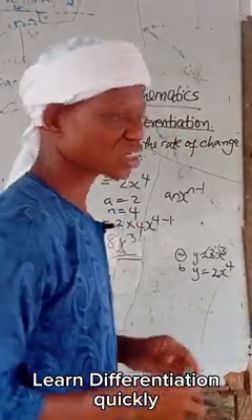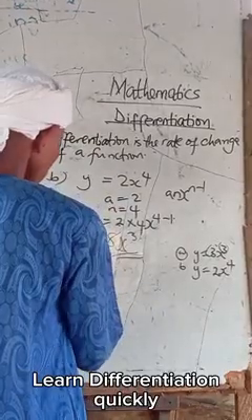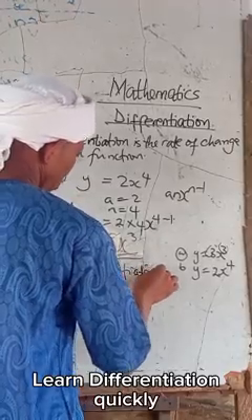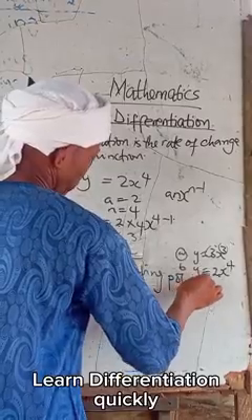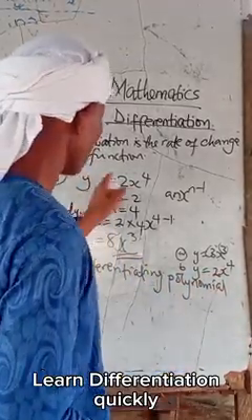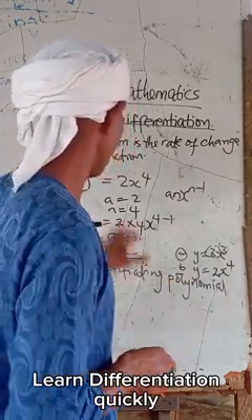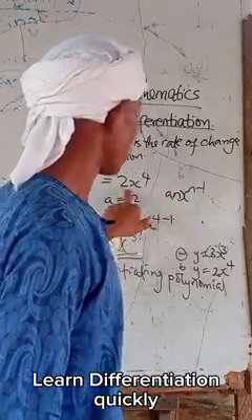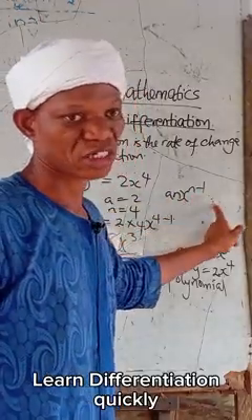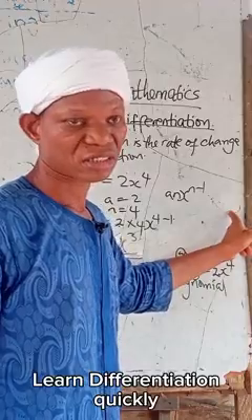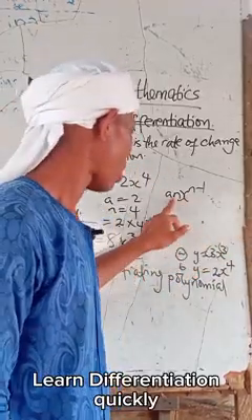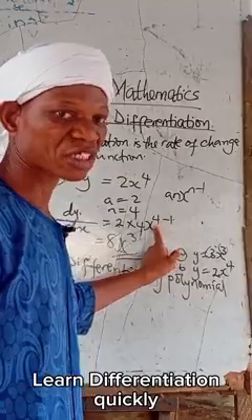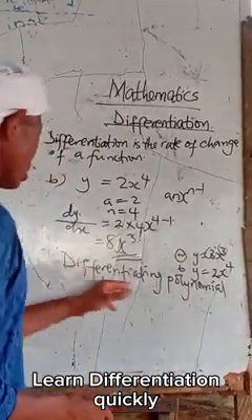If you are asked to differentiate a polynomial, before this, what you must understand when you are differentiating power is that you multiply the coefficient by the power and subtract 1 from the power. That is that. Now, differentiating polynomial.